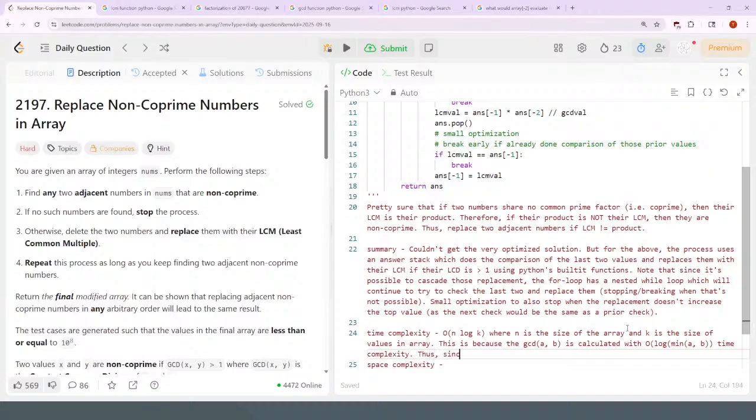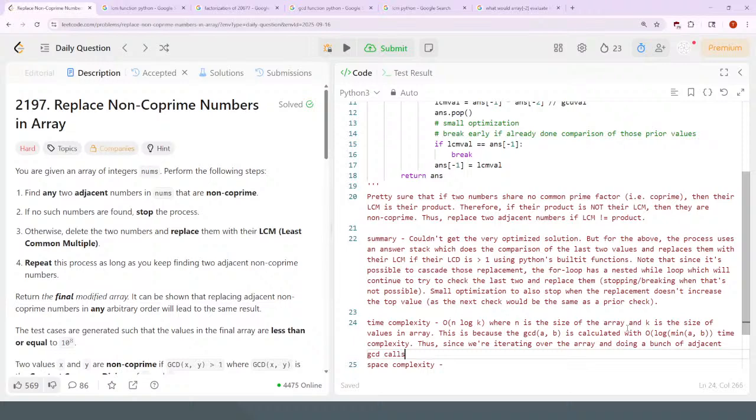Thus, since we're iterating over the array and doing a bunch of adjacent GCD calls, overall it would be the number of calls multiplied by the cost of each call.